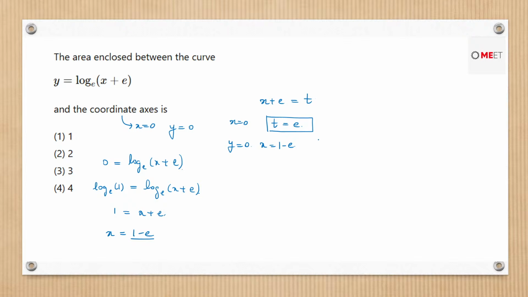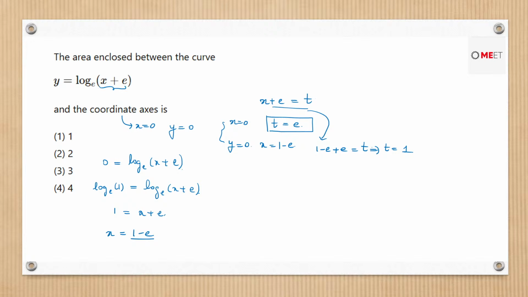So now if we substitute in the t equation, that is 1 minus e plus e is equal to t. So t will be equal to 1. Limits are 1 to e, which is enclosing the coordinate axis.